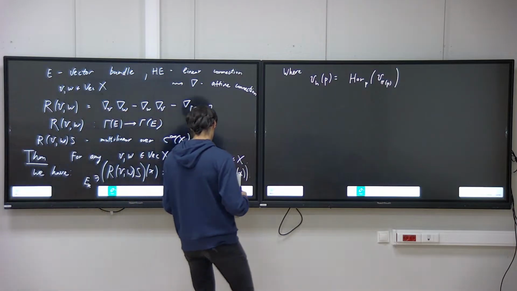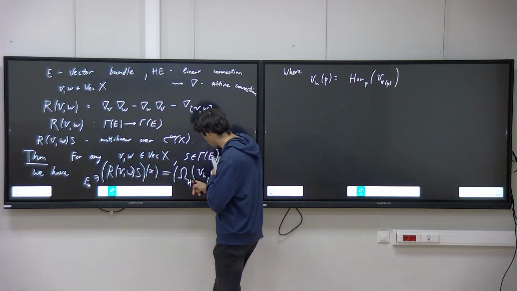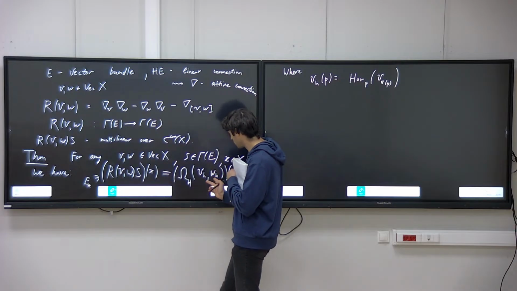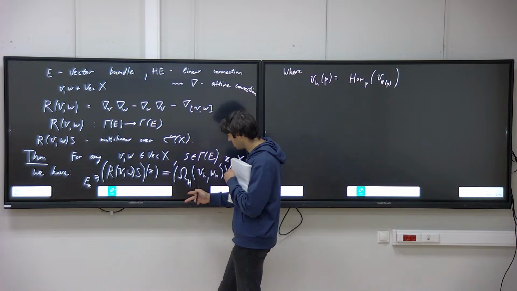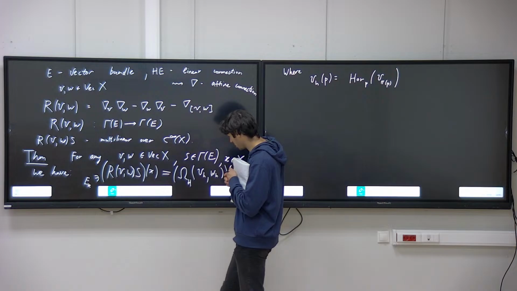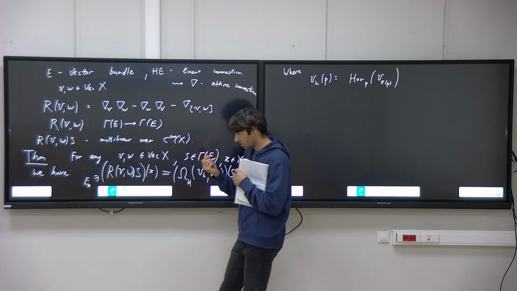Now omega H: I take two vector fields on E and compute the curvature of them, and curvature computes the commutator.